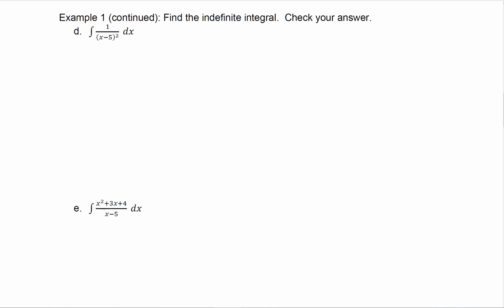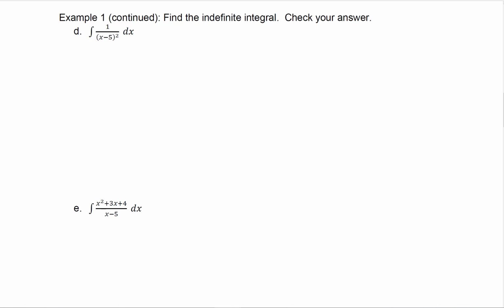Alright, so example 1D, we're still finding the indefinite integral and checking our answers. So for D, we've got the integral of 1 over x minus 5 squared dx. Now, a bad habit to get into is just seeing 1 over something and automatically assuming that it's going to be a natural log. But remember, it all depends on the exponent on u, right?